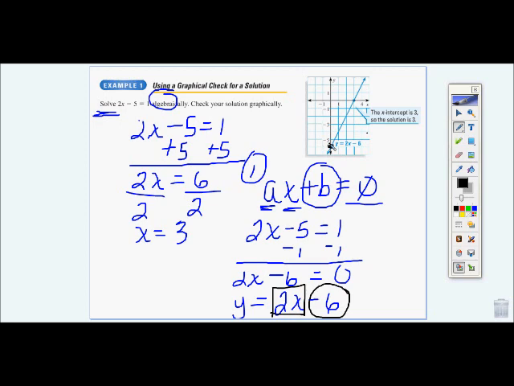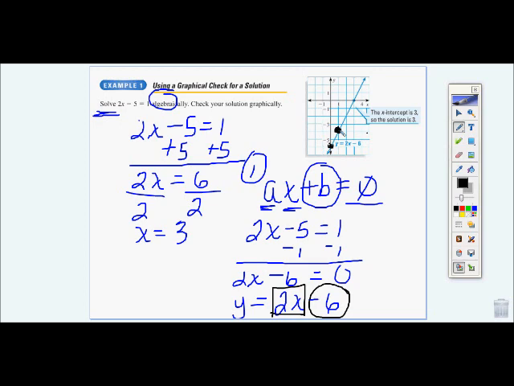So I'm going to rise 2, run 1, and then I can connect those points. Sorry, my stylus wasn't working very well there. There we go. When I connected the points, you will see the line that was created.